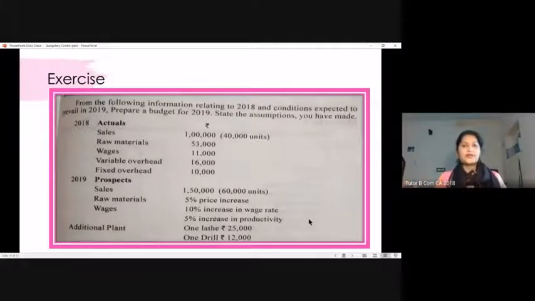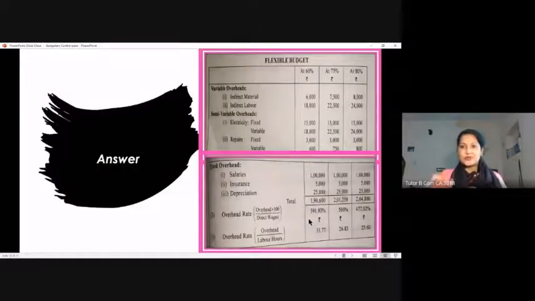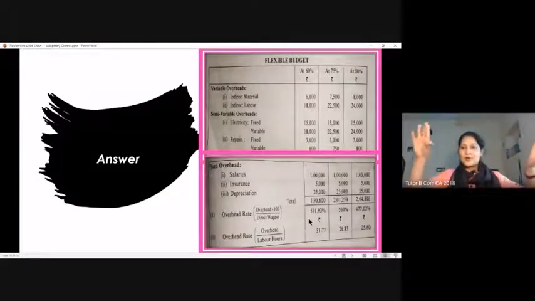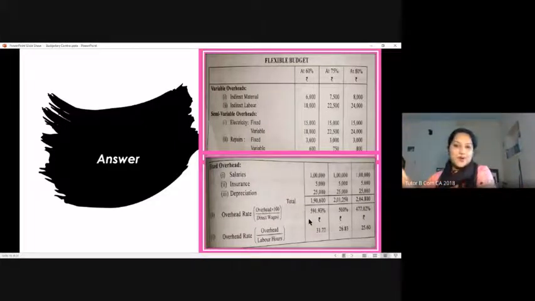You can have an increase or a decrease in your production capacity. In our first question, we dealt with three conditions, 60%, 75% or 80% production capacity, so we prepared a flexible budget for these three periods.